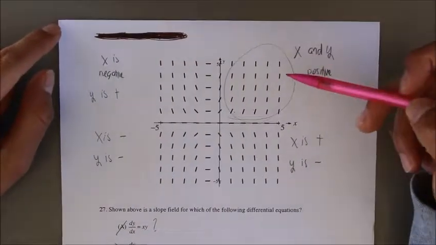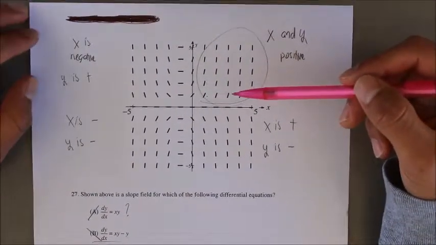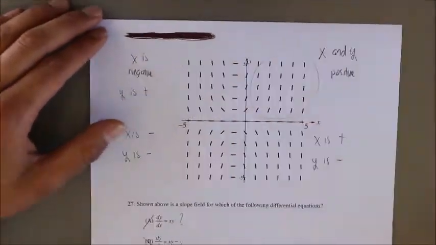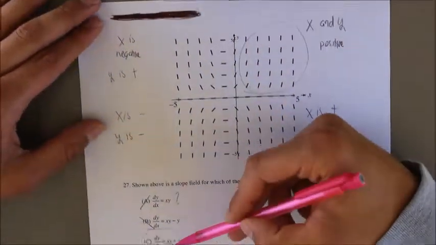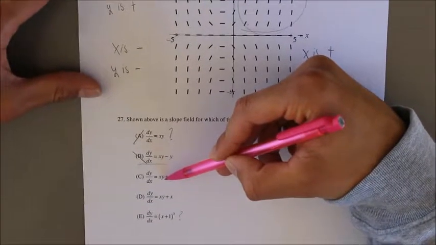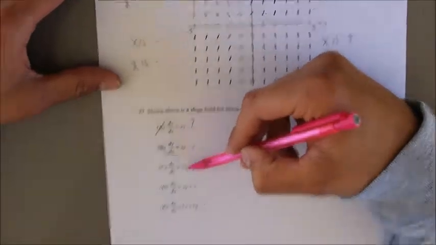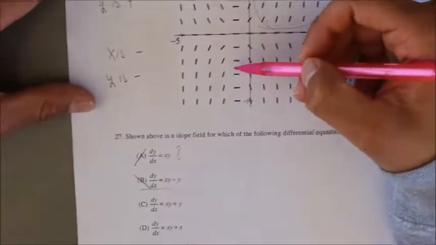Let's look at quadrant 3, where x and y are both negative. So negative times negative will give you a positive slope. Plus y is negative, so this is still possible.